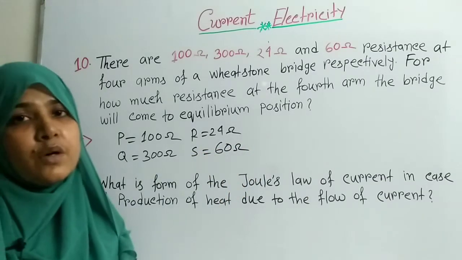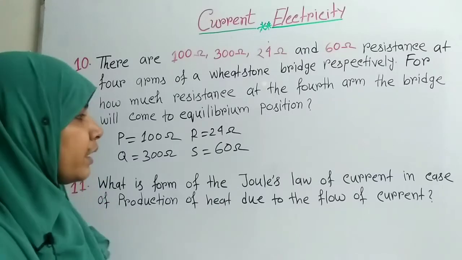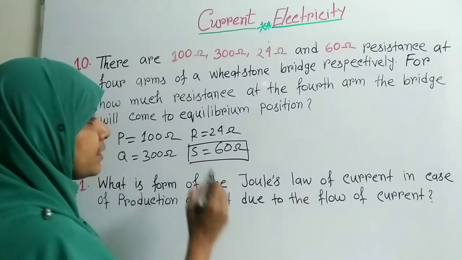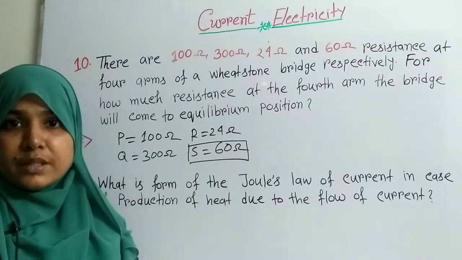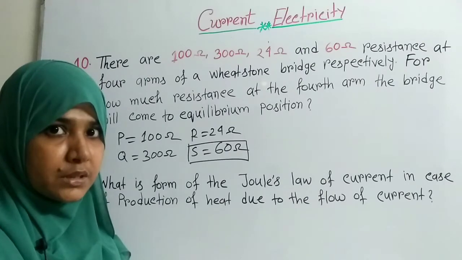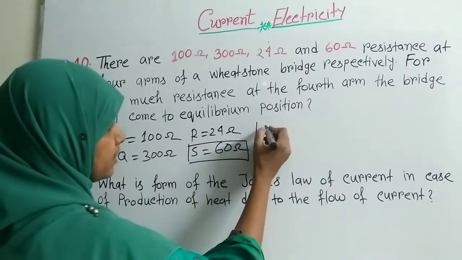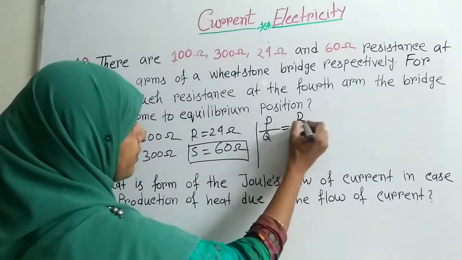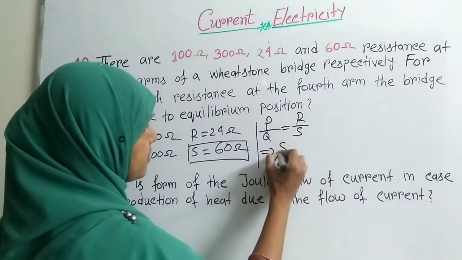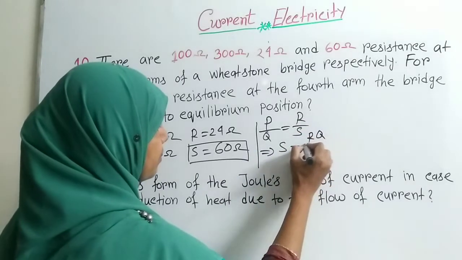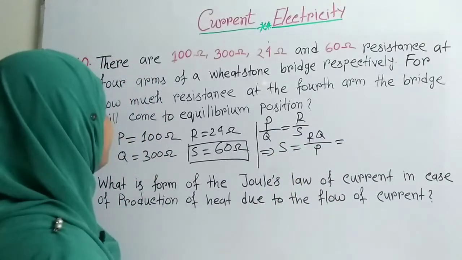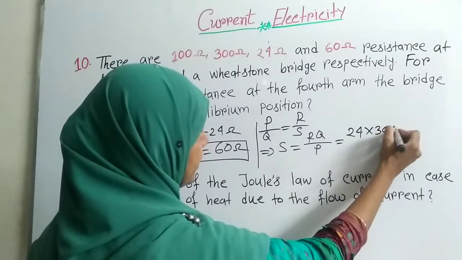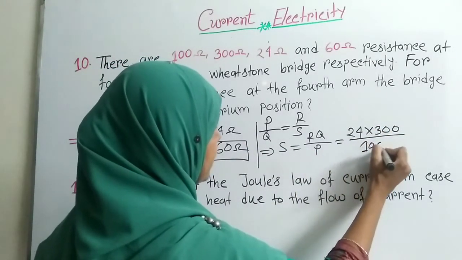But this bridge is not in equilibrium position. So here we have to calculate the value of S, that means instead of 60, how much resistance we have to add in the fourth arm so that the bridge will come to equilibrium position. And we know that for the equilibrium position of a Wheatstone bridge, the formula is P by Q is equal to R by S. So that S is equal to R into Q by P. Now the value of R is 24 and Q is 300 and the value of P is given 100.